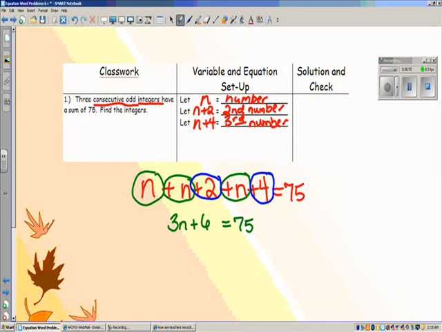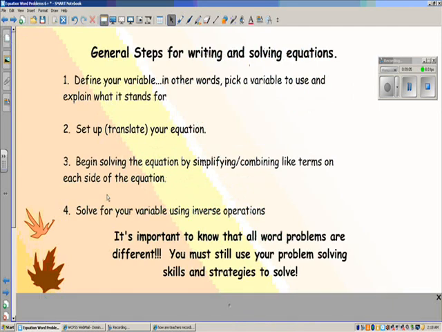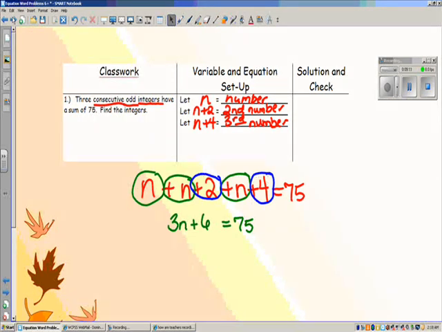Okay, can anyone think of how I would now go about solving this? Our next step is to solve using what? Inverse operations. So let's do that. Okay, so here we have 3 times n plus 6 equals 75. Our first step is going to be to get rid of this 6. Remember, when we're solving an equation, we're trying to figure out what our variable represents.